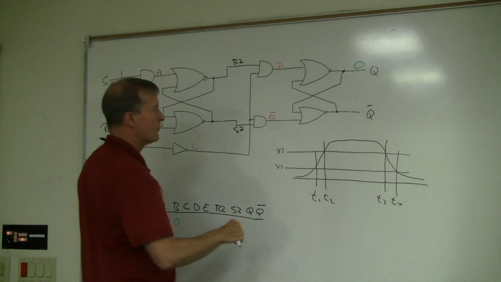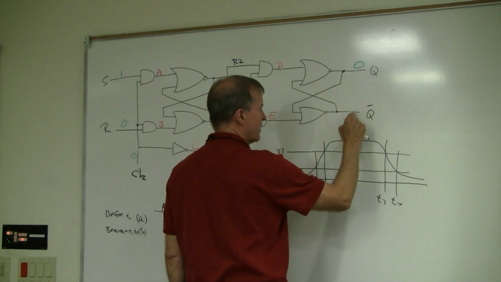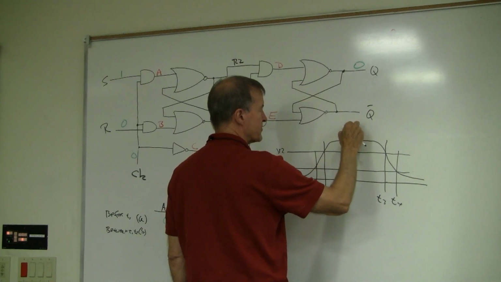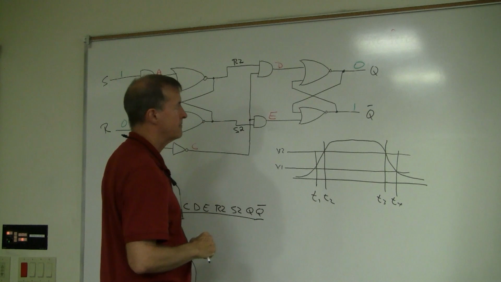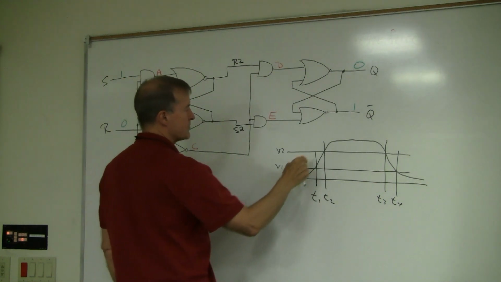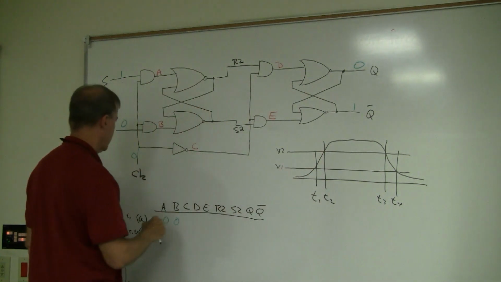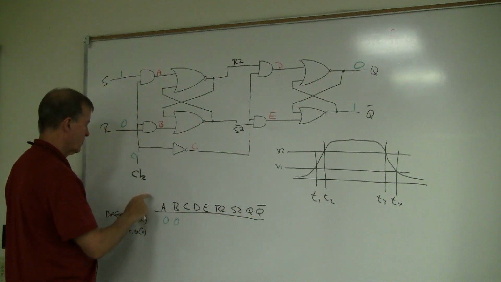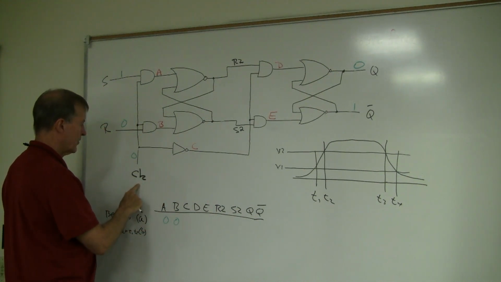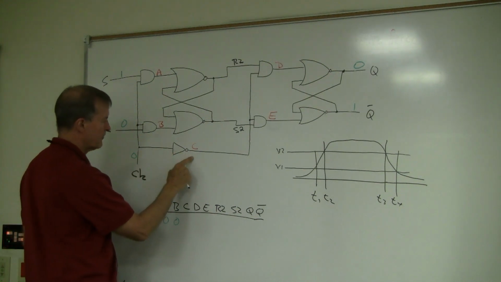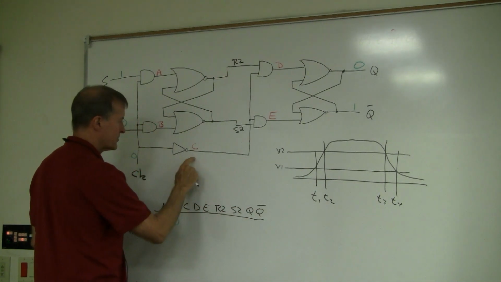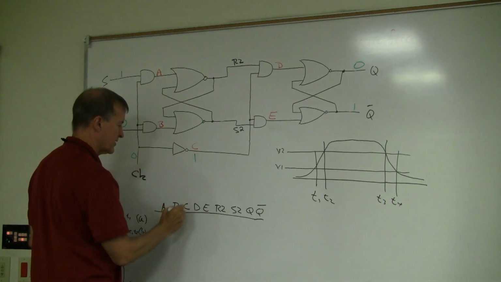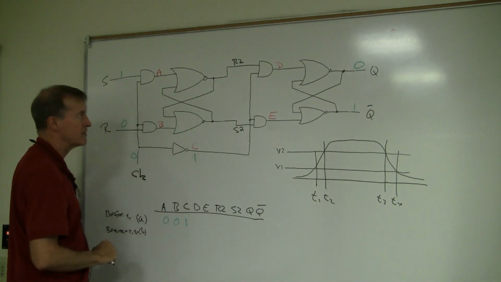And now we know that Q and Q bar are the inverse of each other. So if this is 0, this has to be 1, right? And also we know, coming back to the clock, if this clock is 0, then 0 inverted, because it's down here, this has to be 1, right? So this is 1. Are we good?